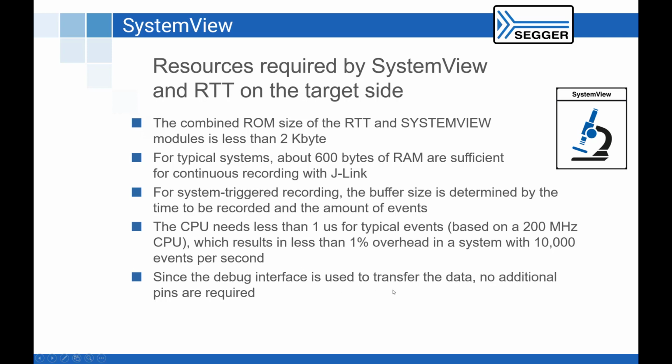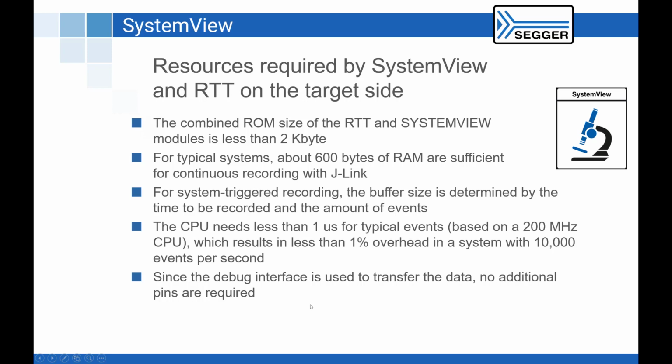And the nice thing about it is that other than the debug probe you already have, there's no additional hardware or pins required. As you probably know, if you're doing instruction tracing with a trace probe, like the J-Trace Pro that we also offer, you do need additional trace data pins and a trace clock pin, and those pins are often not available or not accessible, so that can be a bit of a problem sometimes.